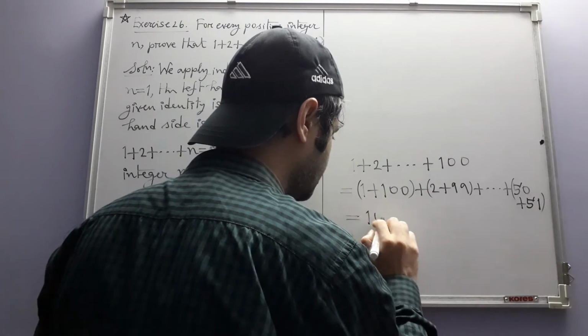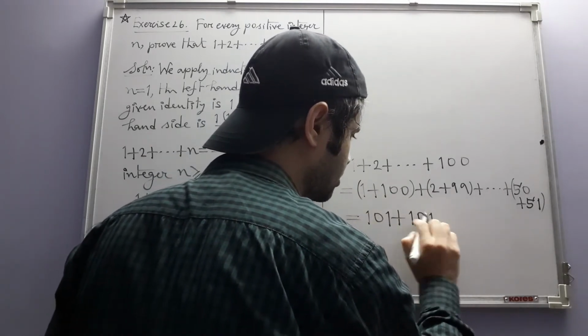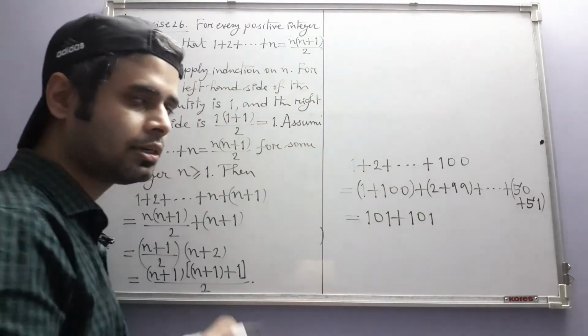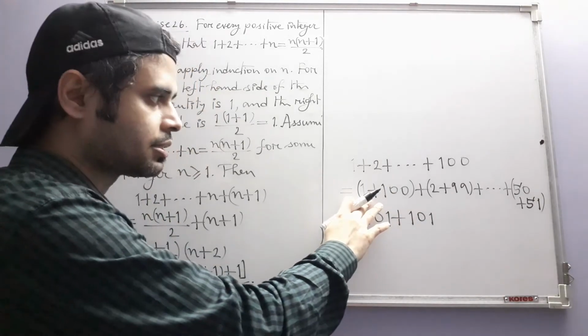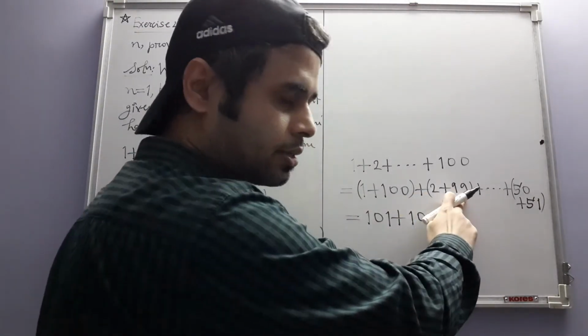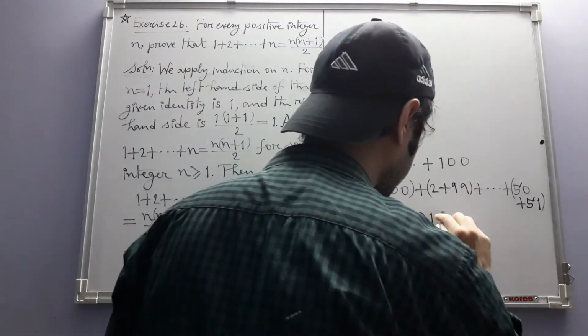Now this sum is 101. This is also 101, because all you are doing is shifting a 1 from the second term to the first term. This decreases by 1, this increases by 1, so the sum remains the same.